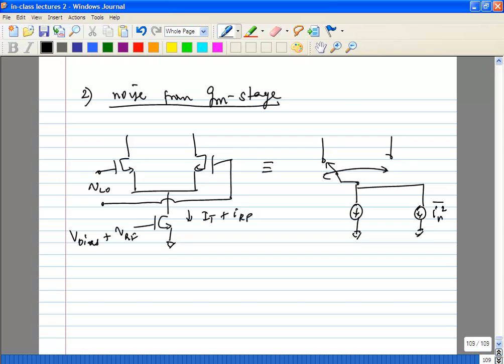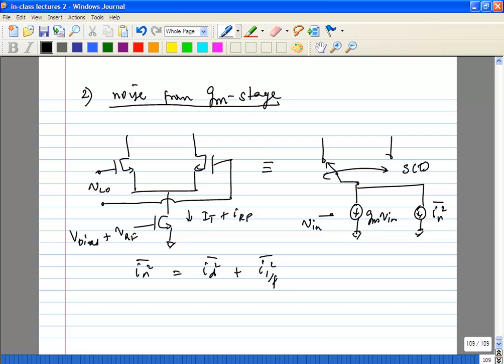So you have the transconductor noise, you have gm times Vin, and you know that your i_n squared has the drain noise and the 1 over f noise, it has both.